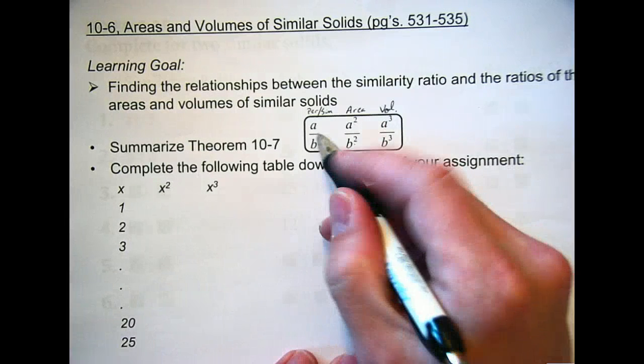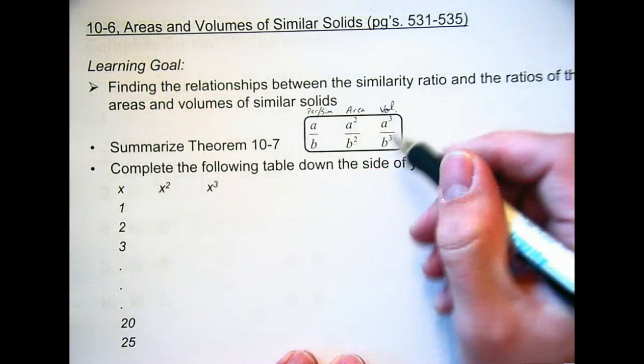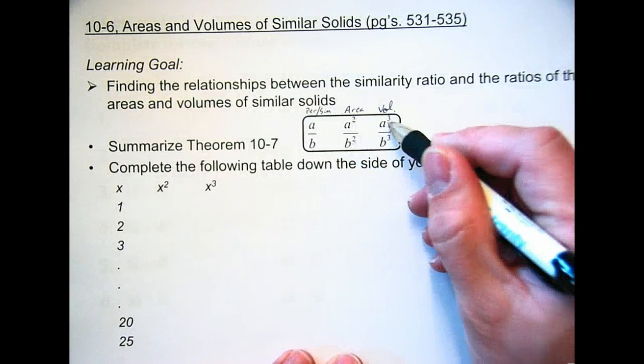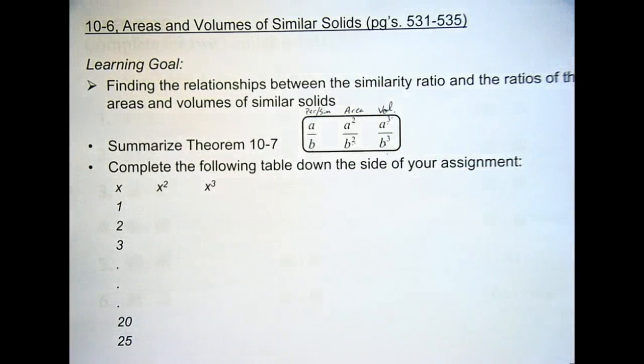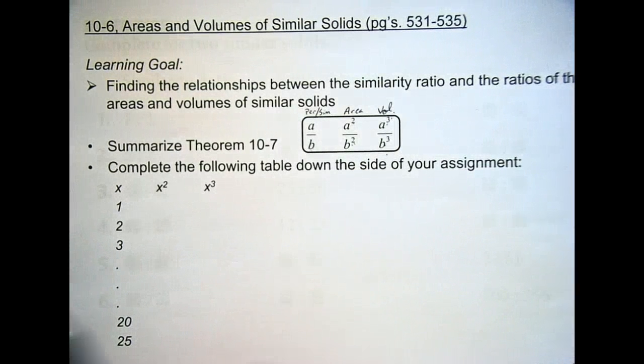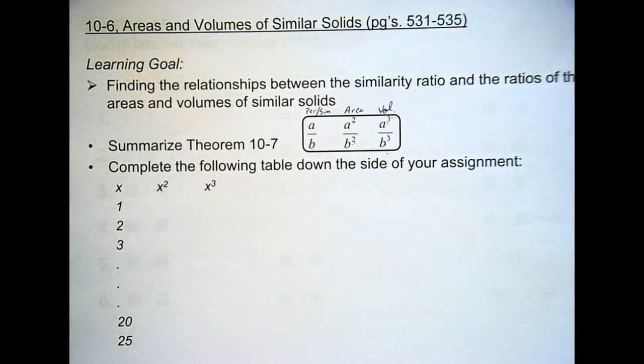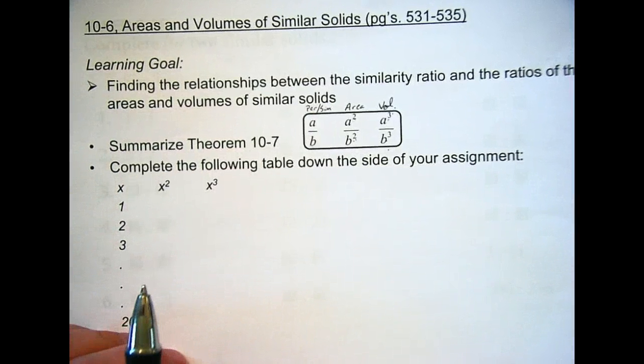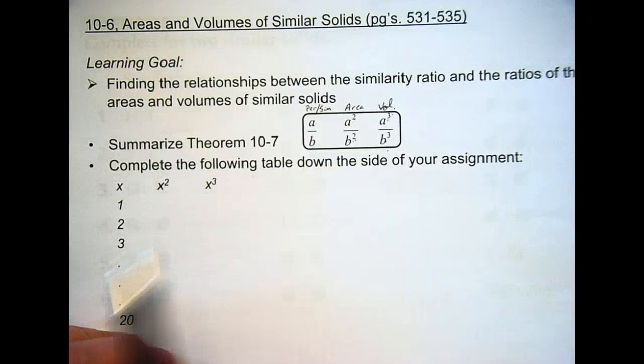So we have similarity ratio, perimeter ratio, area ratio, and volume ratio. This is going to help us. If we're given the similarity ratio, we should be able to find the volume ratio. If we're given the volume ratio, we should be able to find the similarity ratio. We should have that in our notes.